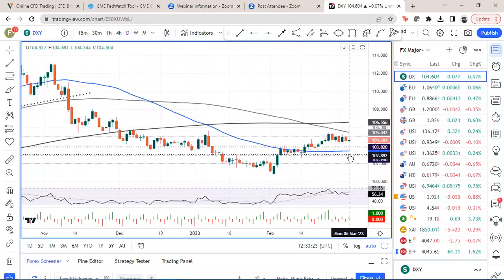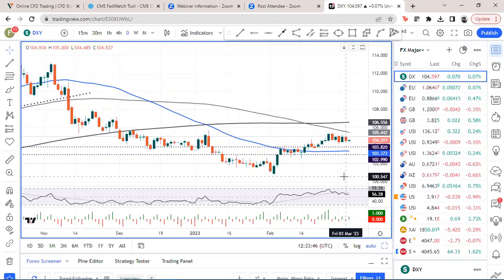So that's support, possibly nearer to home, probably the 50-day moving average at 103.37, and then upside probably capped by end of February highs at 103.35, and then you've also got the 100-day moving average at 105.44. That's it for the DXY.